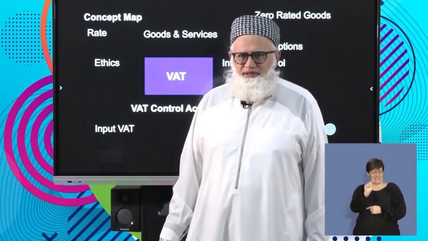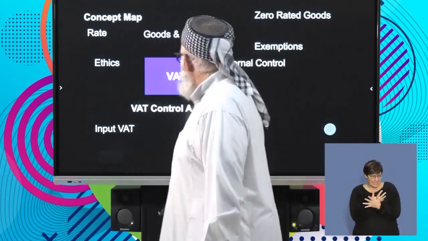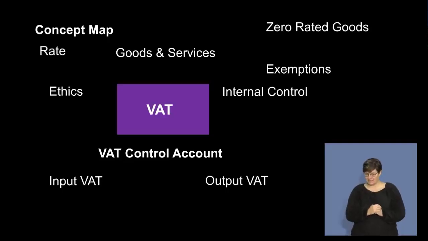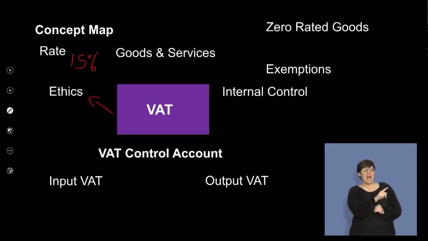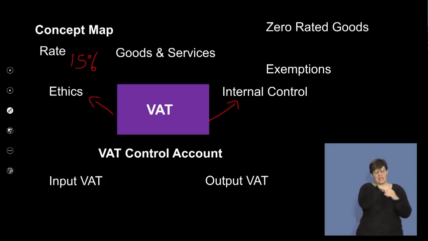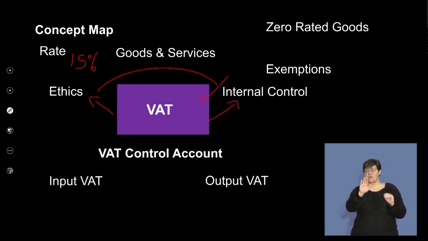Quick recap, summary of what we've done so far. We know that when we're dealing with our VAT, we take into consideration the VAT rate to be 15%, right? The ethical considerations and internal control are very important in relation to VAT. You have to know what and how to answer questions of that nature.